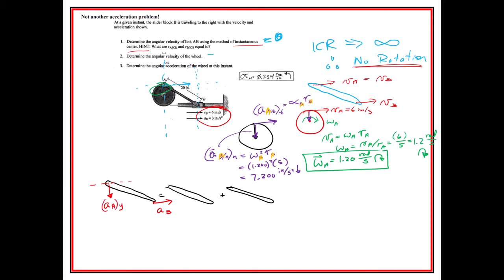I should say Y, right? Which we happen to know that this is A, Y. It's equal to that right there. It's just like this one right here is A, X is equal to the tangential one right there. So we know B, so let's use that one at both places.